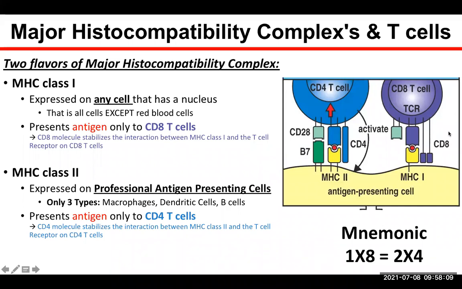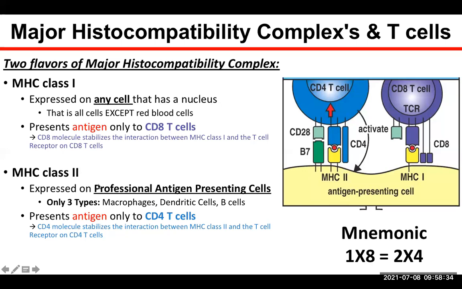And so we can have this example here. CD8 T cells recognizing the MHC class 1 with the CD8 co-receptor stabilizing this interaction. And again, this whole interaction is communicating with the T cell that the antigen presenting cell is infected, kill me.